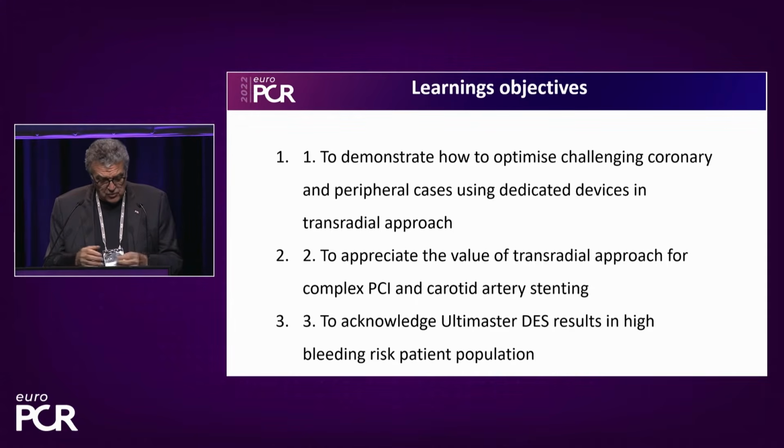The second is to appreciate the value of the transradial approach for complex PCI and carotid stenting, and we will have two recorded cases on the left main bifurcation for coronary, and a very nice case on carotid stenting. And finally, with Marco Roffi, to acknowledge the Ultimaster DES result in high bleeding risk patient population.